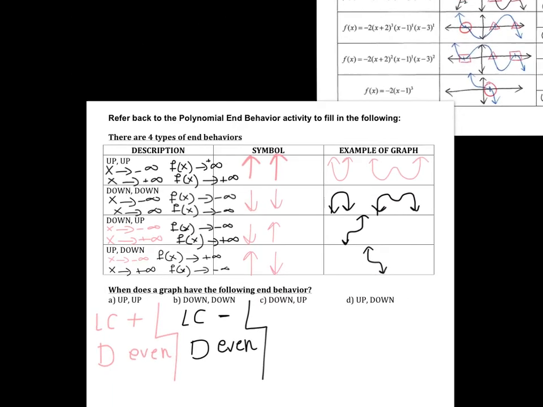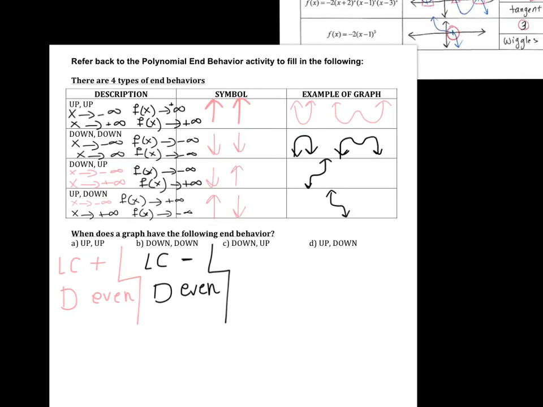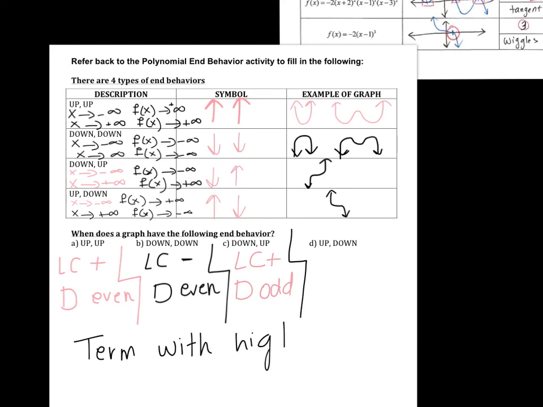So when the LC is positive and when the degree is odd, this is when you have a down up end behavior. And now remember guys, in order to be able to tell the type of end behavior, you have to look at the term with the highest power or exponent or degree. Okay?